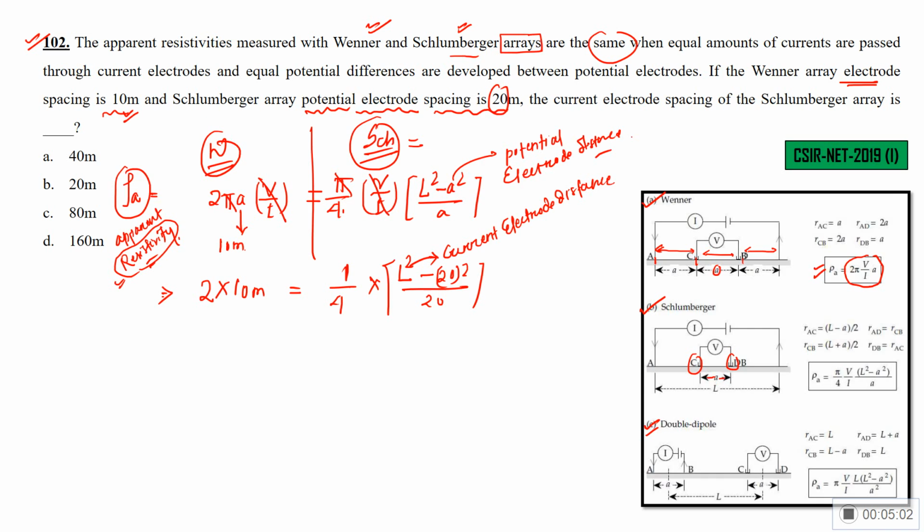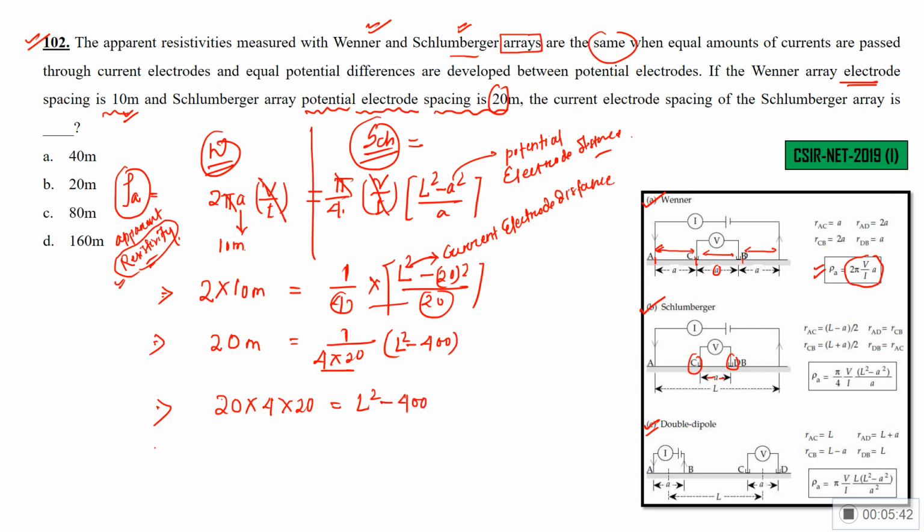We have to simplify this. 20 equals 1 by 4 times 20 times... so 4 cross 20 equals L square minus 400. That is 1600 plus 400 equals L square.